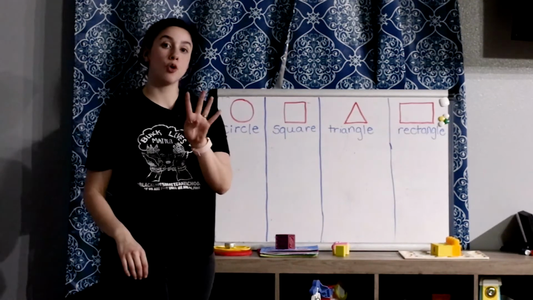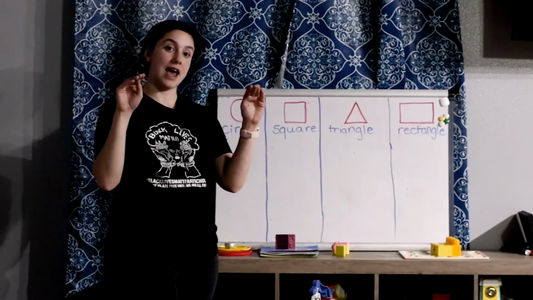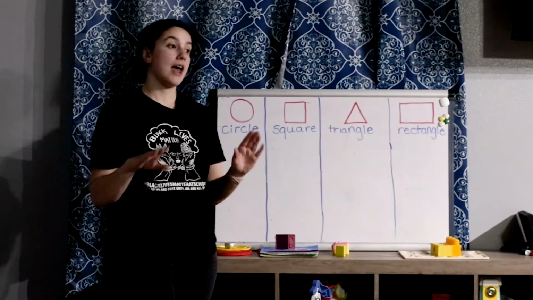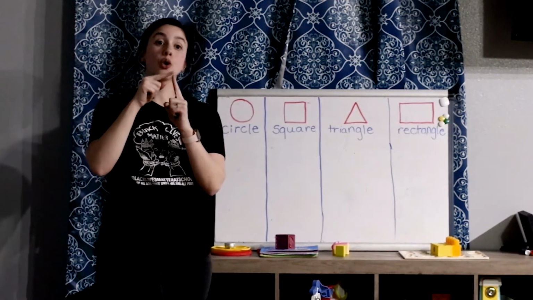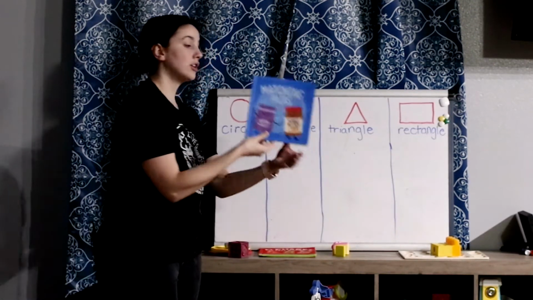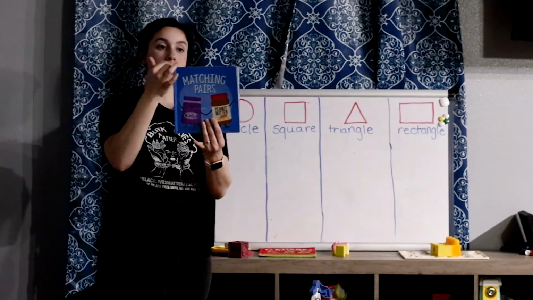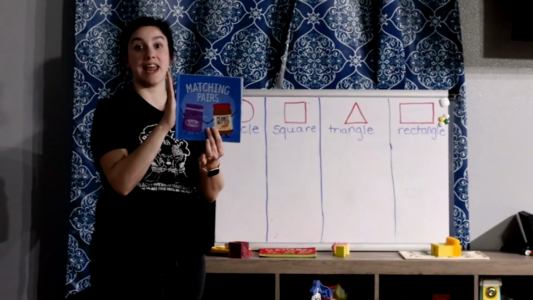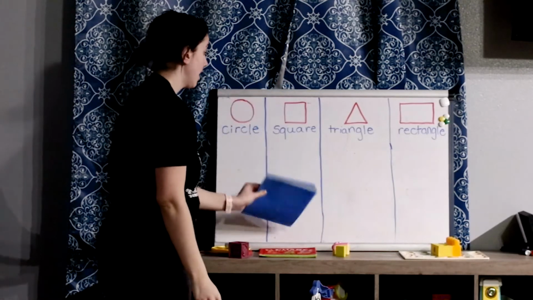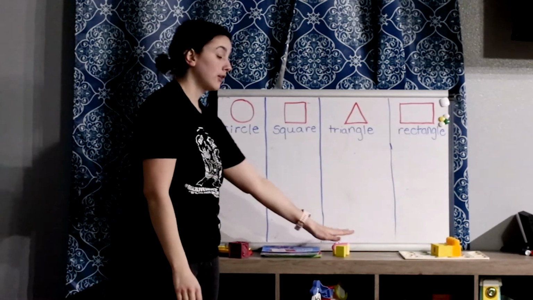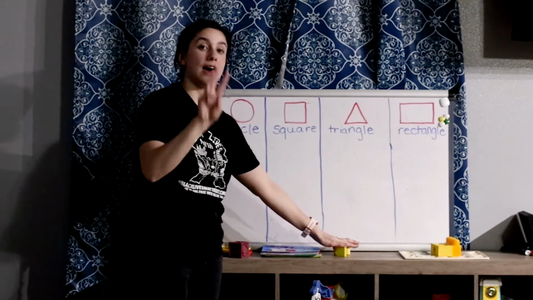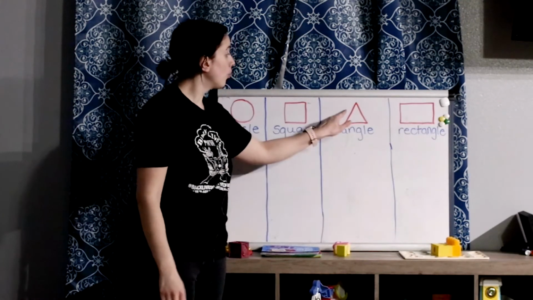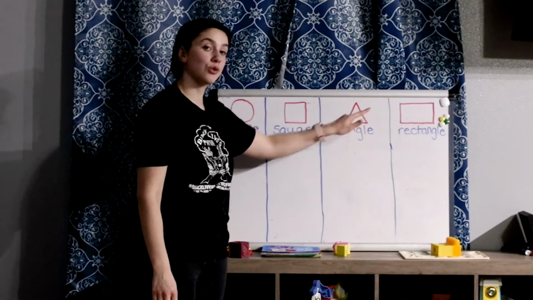Squares have 4 straight edges and 4 corners. Squares have equal sides. They are all the same. Triangles have 3 sides. 1, 2, 3.